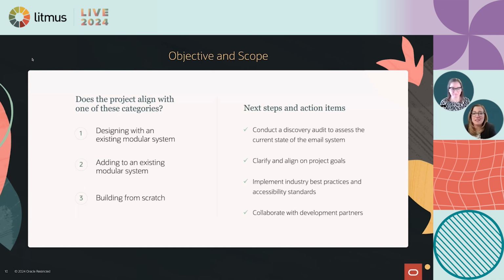So I assess whether the project falls into one of these three categories: designing with an existing modular system or atomic design, expanding it, or building something entirely new. From there, I follow a series of action steps. Often I start with a quick discovery audit to get a full picture of what we're working with, gathering some previous emails or especially looking at the website. How are they using CTAs and live text on there?